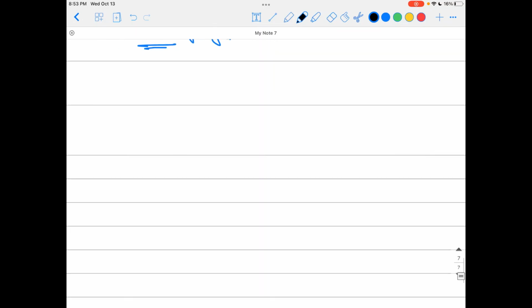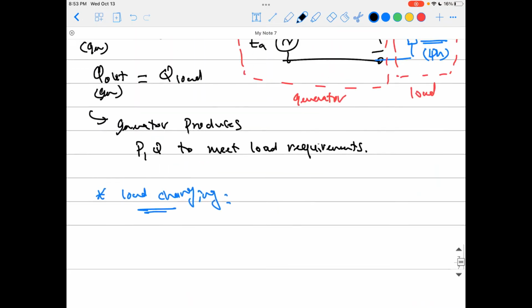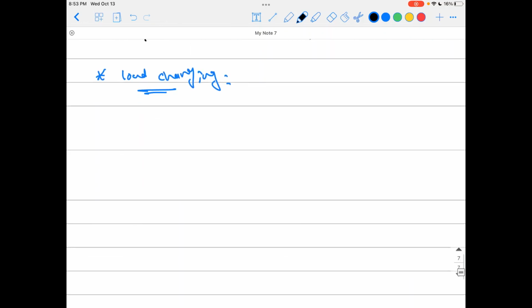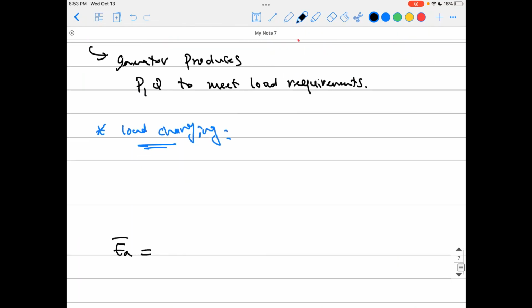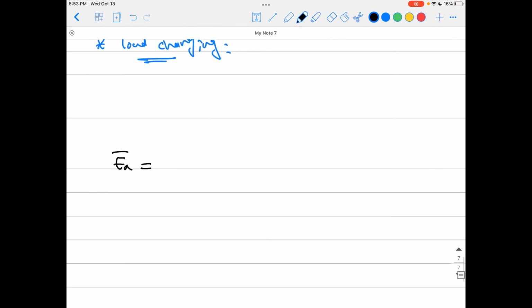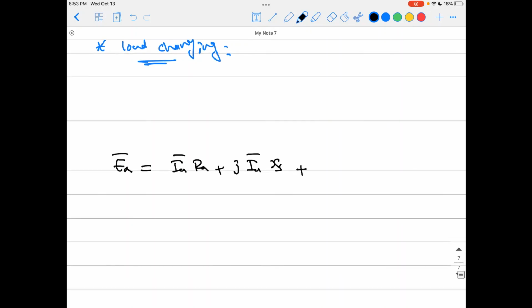If you go back to this equivalent circuit again, let's write down the voltage equation. That is EA equals IA RA plus j IA XS. That's the drop inside the generator, and it's also plus IA multiplied by Z load, the impedance of the load.